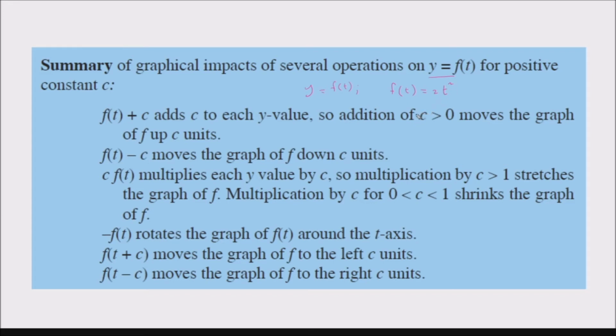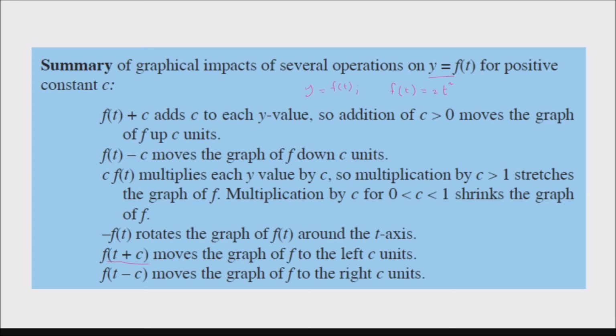Okay, so this is the equation, and this is what it means by y equals f(t). The other point I want to point out is pretty interesting, what we're talking about right here in this line. Okay, so let's analyze that.